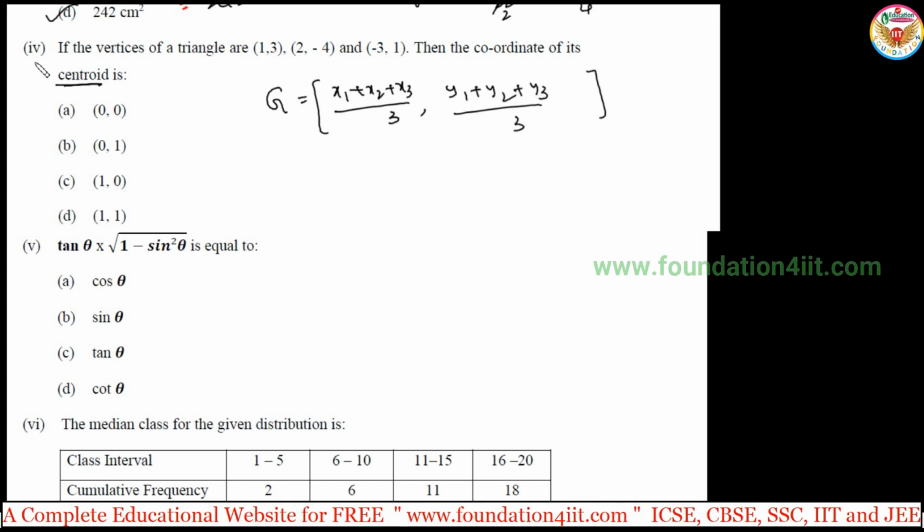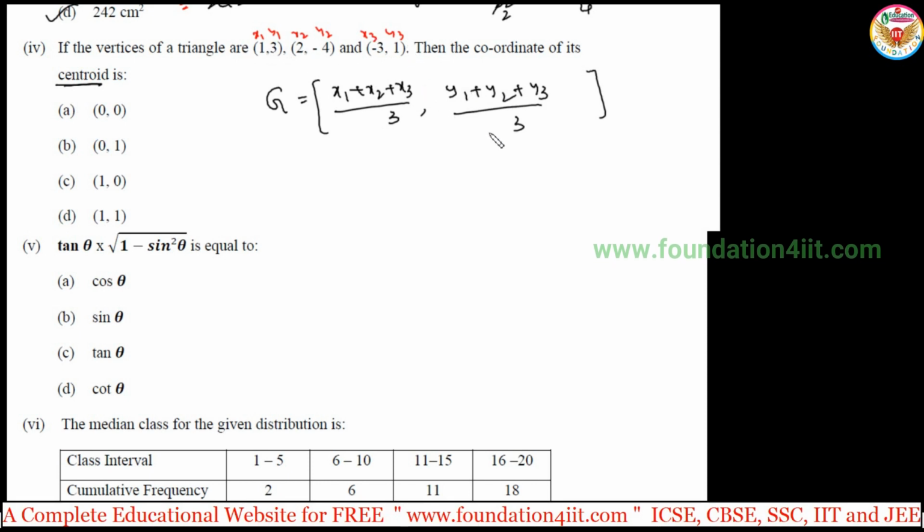Formula of the centroid here, x1 y1, x2 y2, x3 y3 are the coordinates. Just apply in the formula. 1 plus 2 plus minus 3 is 0, by 3, so 0, and y1 plus y2 plus y3: 3 minus 4 minus 1 plus 1, 0 by 3. So 0 comma 0 we are getting, just substitute. So option A.